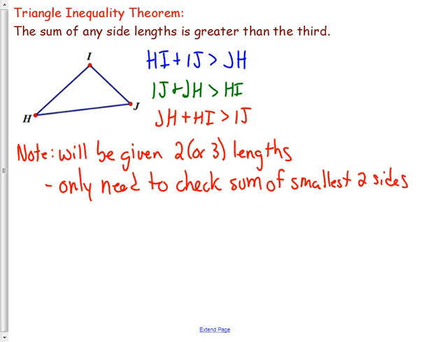So if you had a triangle that was sides 3, 4, and 6, you only have to check, is 3 plus 4 greater than 6? Because we already know that adding 6 to anything is going to be greater than 3 or greater than 4. So we only check the 2 smallest sides. You can check all 3 of these, but you only need to check the smallest 2.